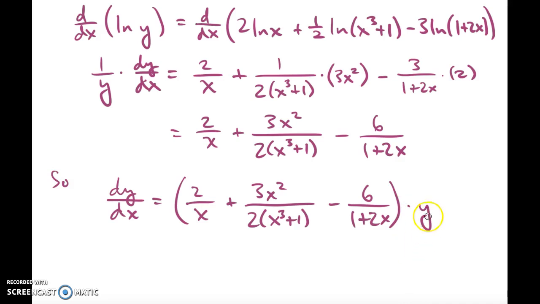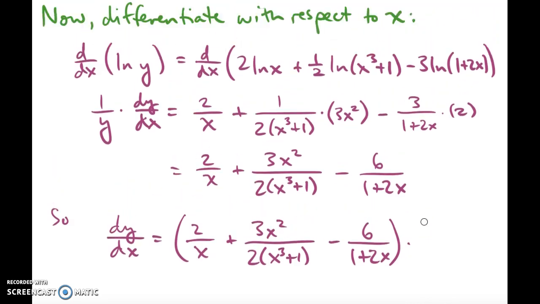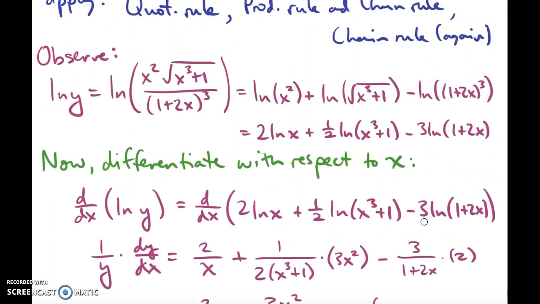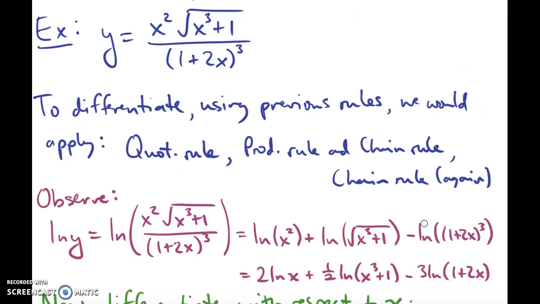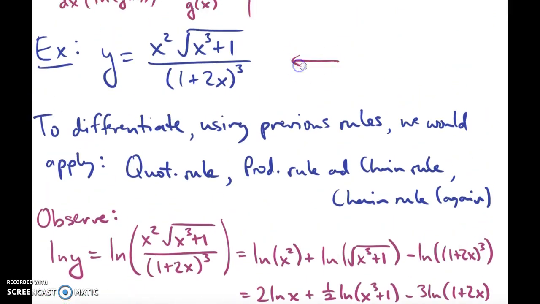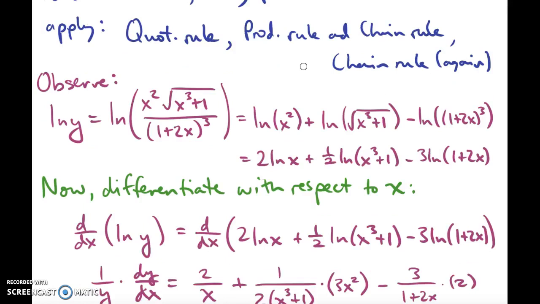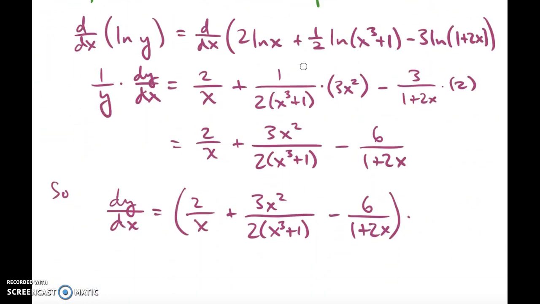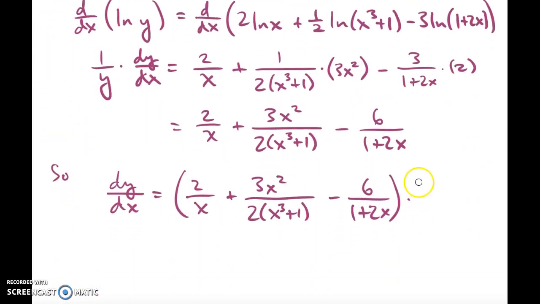But remember what y is. Y was this crazy thing up here. So times x squared times quantity, square root of x cubed plus 1, all over 1 plus 2x cubed.